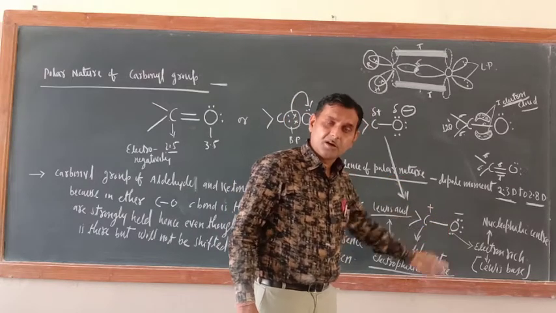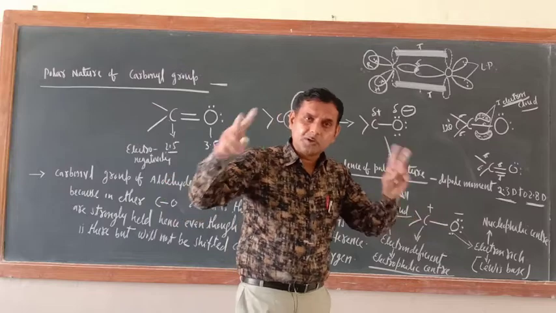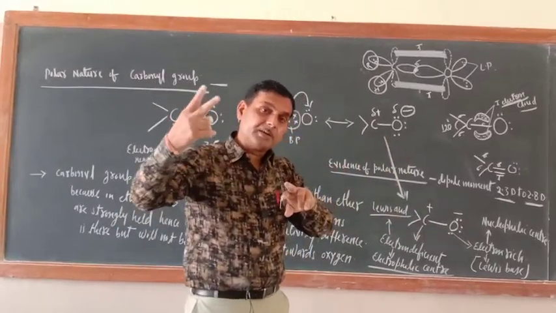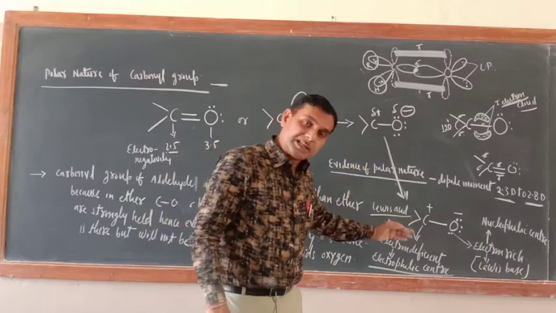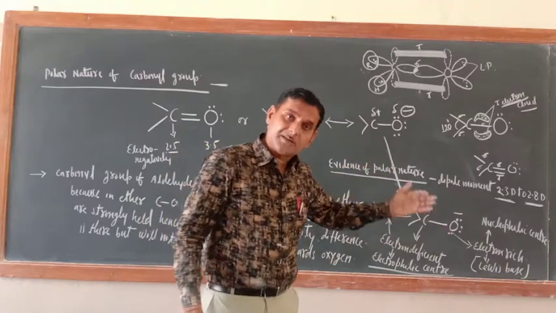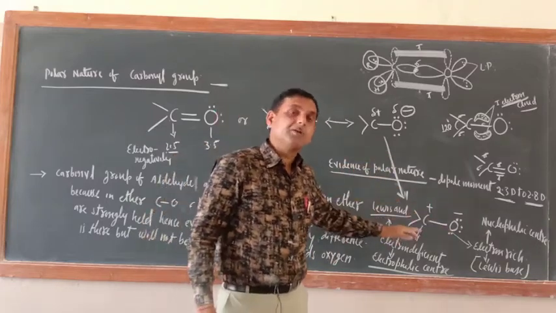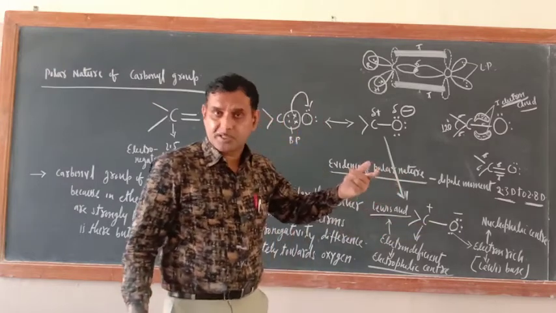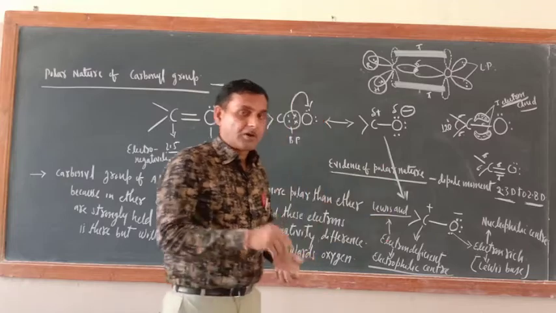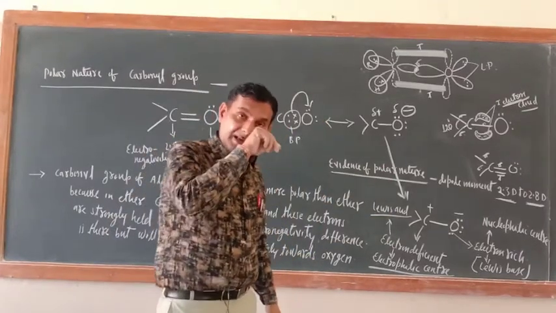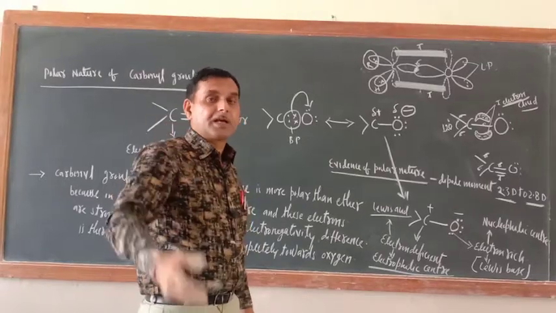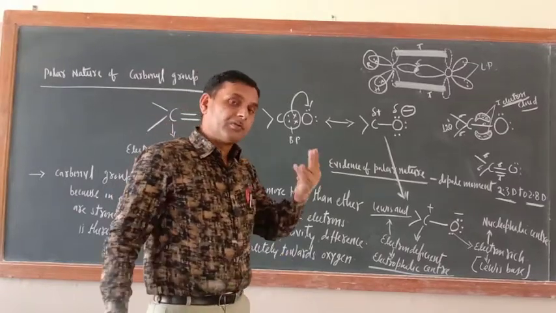So in the carbonyl group two centers are there, having different nature. One is electron rich, the other is electron deficient. At carbon nucleophilic attack would be there, at oxygen electrophilic attack would be there. Correct or not?